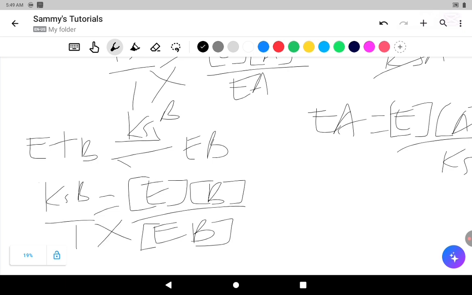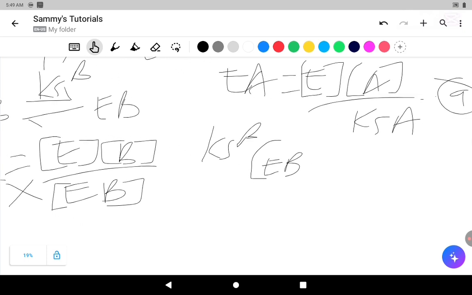When you cross multiply, you have KSB. Remember, the B is a superscript. KSB into EB, all equals to E and B. Are you following?